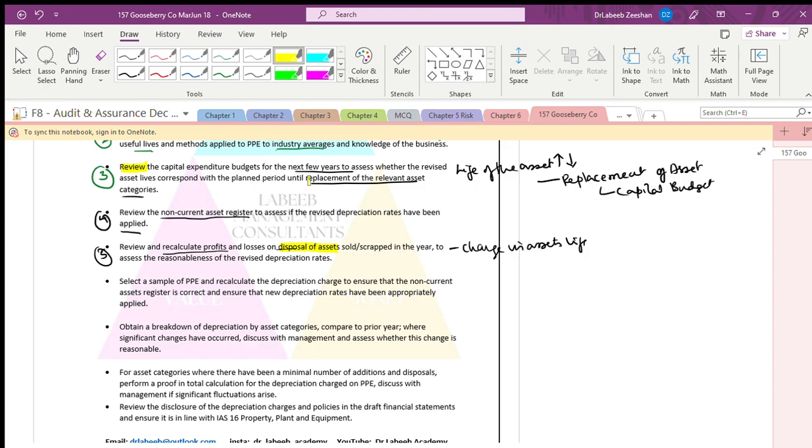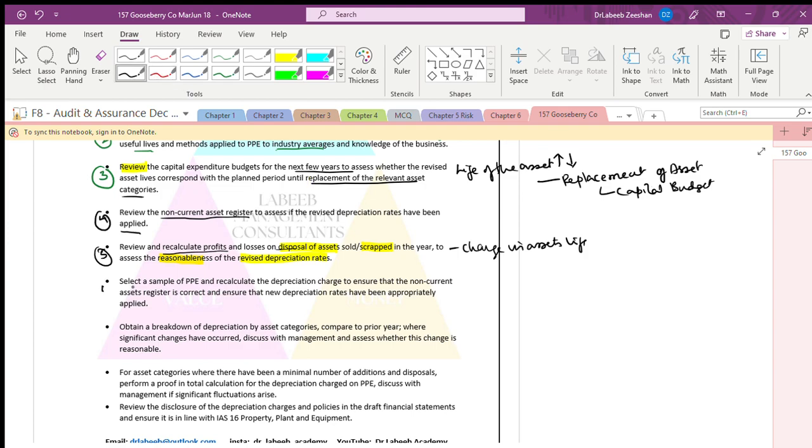Some assets will be scrapped in the year because of a management decision, so you should know the reasonableness of that. If depreciation rates have been changed in the middle of the asset life, it will have a very significant impact on the financial statements.